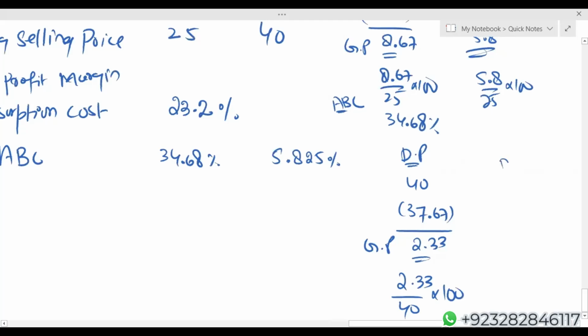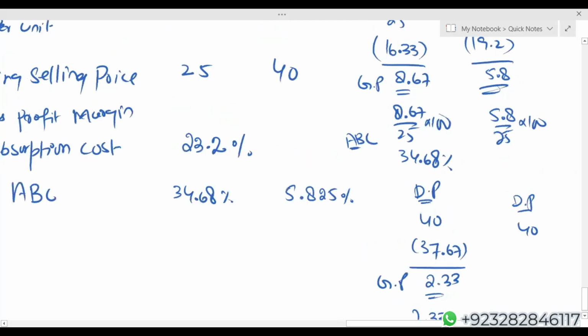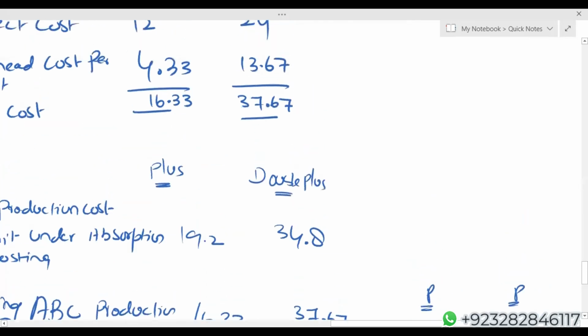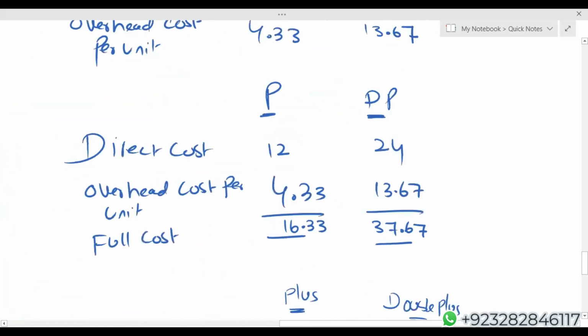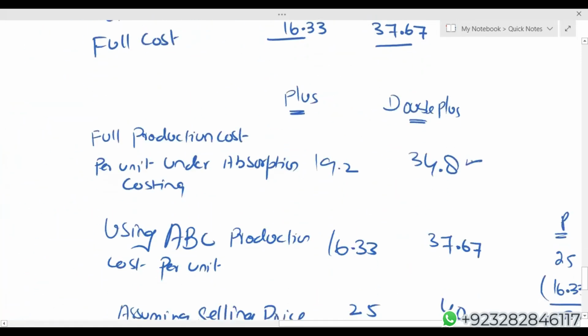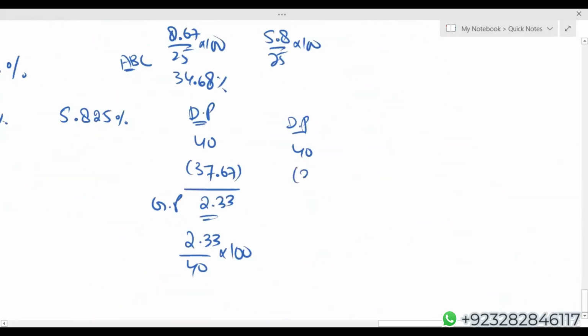Now under absorption, the selling price is 40 and the production cost under absorption costing is 34.8. 40 minus 34.8, I'm getting GP 5.2. So I'm getting 13%.